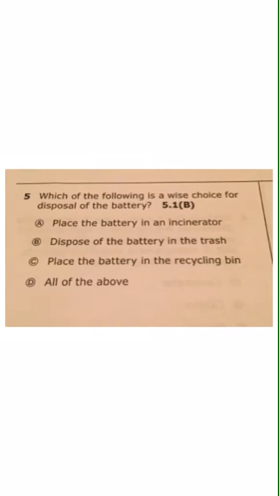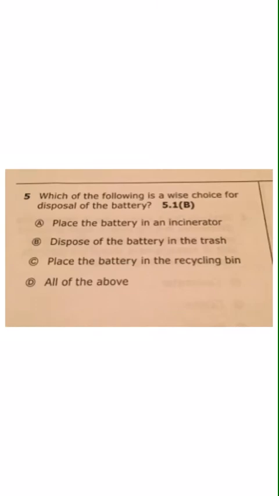After testing objects that conduct electricity to prove that an electric current passes through, the students notice the light bulb is not shining as brightly. They decide to dispose of the battery and replace it with a new one.